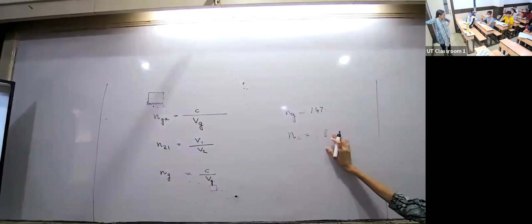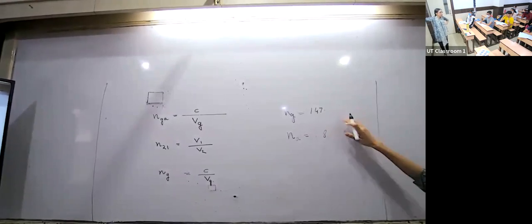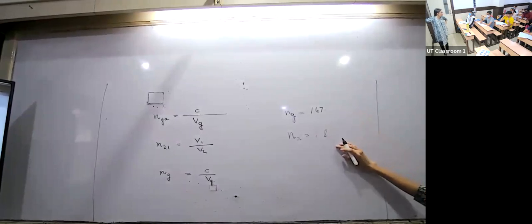It's very dense. So what can you conclude for the velocity of light in both these mediums?